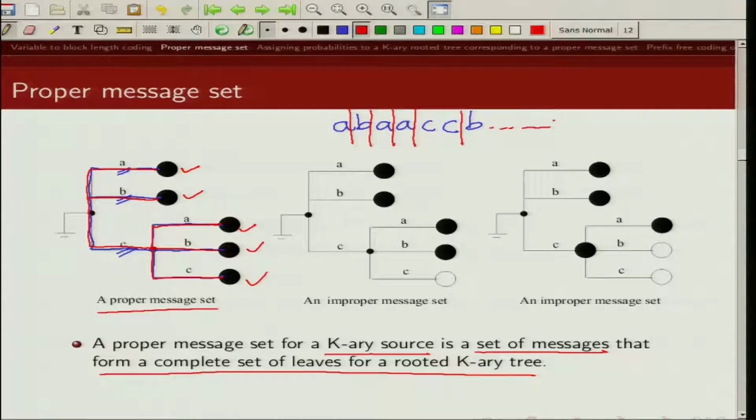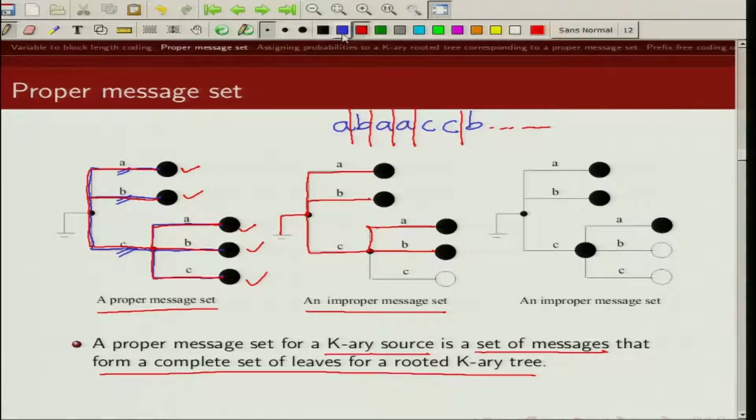Now look at this particular example, which I am calling an improper message set. If I get an A, I am parsing the sequence. If I get a B, I am parsing a sequence. If I get a C, I look at what my next bit is. So I parse it at CA, CB.